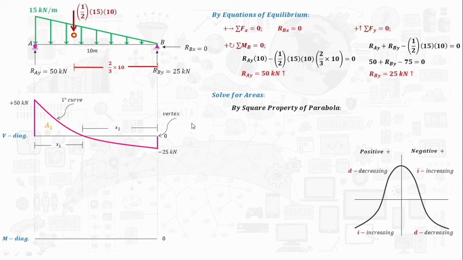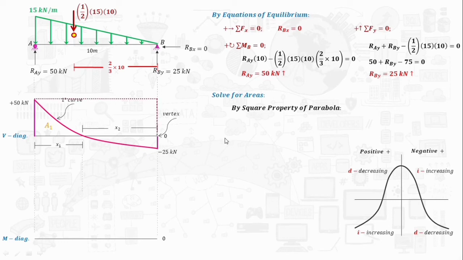Anong una natin makukuha, si x1 ba or si x2? Si x2. Tama? Kasi, siya yung nasa kay vertex. So by square property of parabola, gagawa tayo ng bigger parabola.